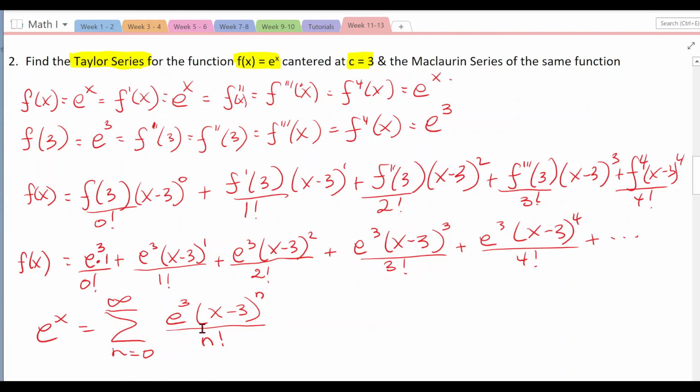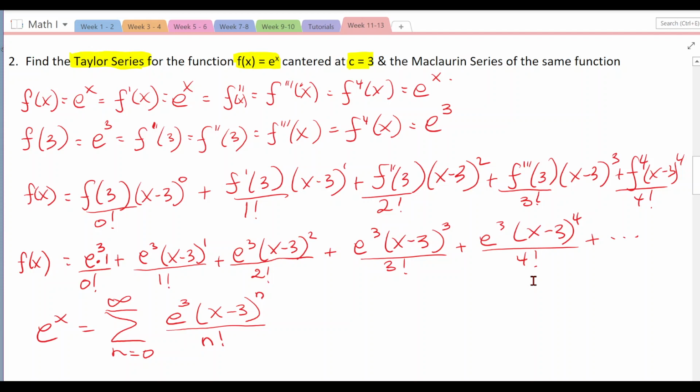Let's try starting from n equals 0. 0 factorial is 1, and x minus 3 to the power of 0 is basically 1, so we get e to the power of 3, which is the first term, correct. Then the second term has 1 factorial, x minus 3 to the power of 1, and e to the power of 3, same thing, so it's correct.